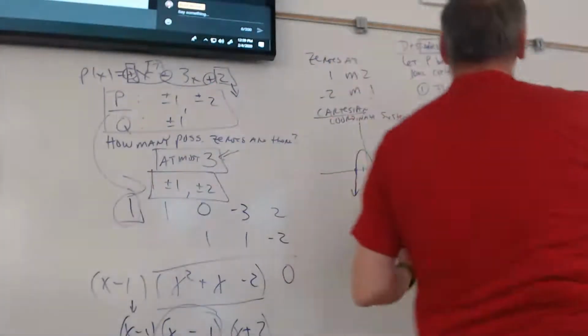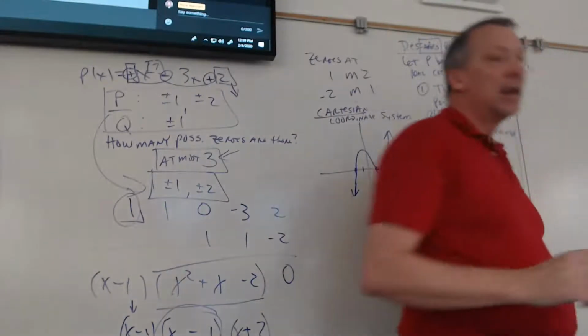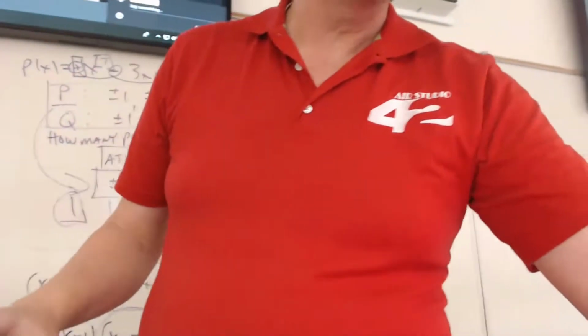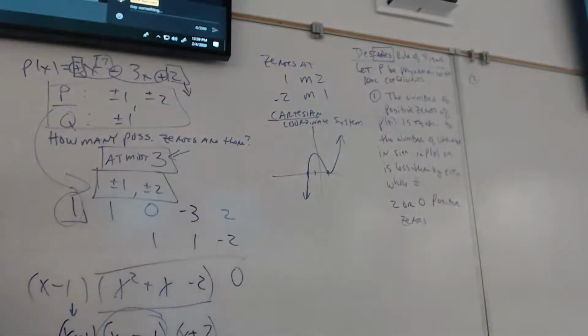Okay, so let's go with rule number 2. Now we need to figure out how many negative zeros we would have.